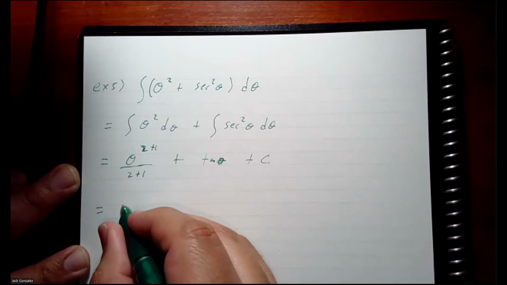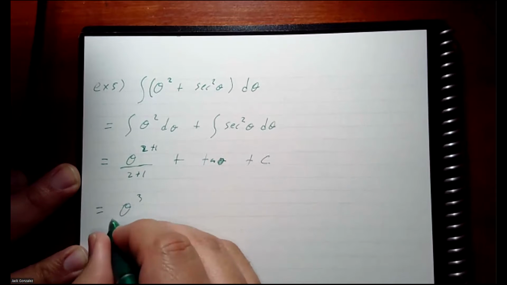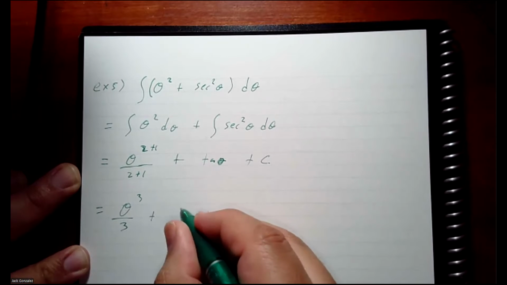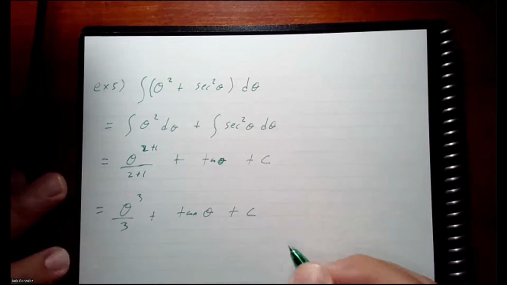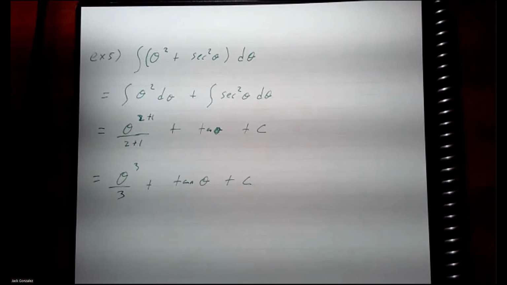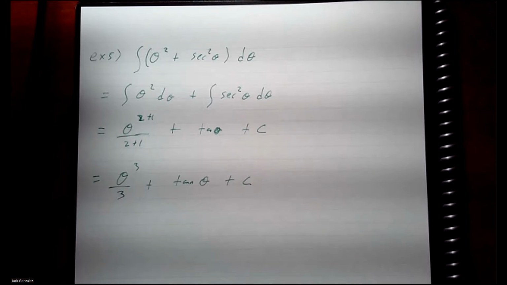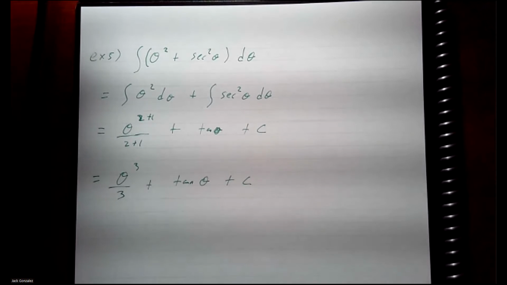So our answer will be theta cubed over 3 plus tangent theta plus c. Any questions on number 5?